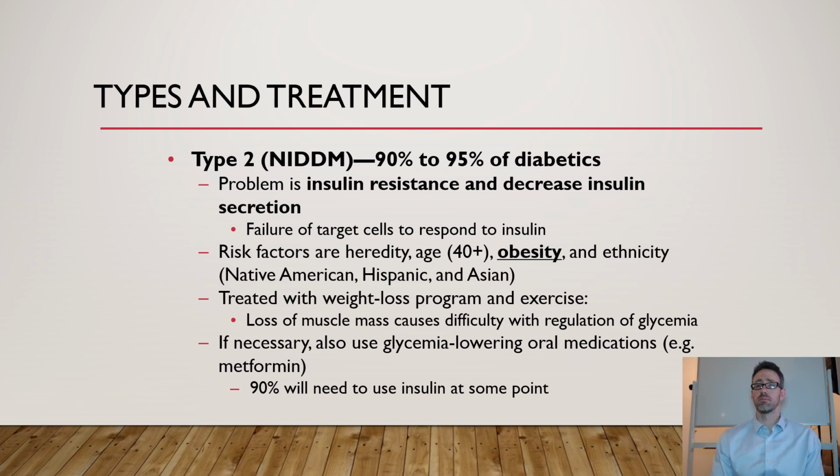If you recall, blocking that ATP-dependent potassium channel causes depolarization, which causes the release of insulin. So it helps to release insulin from beta cells. And again, 90% will need to use insulin at some point when the beta cells stop functioning.